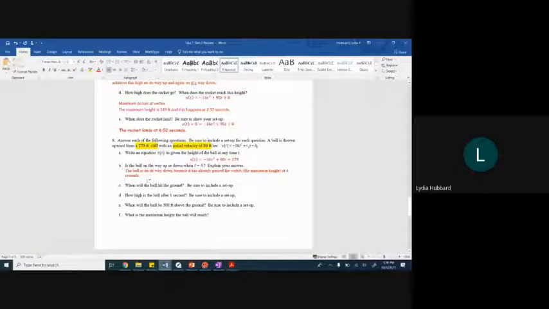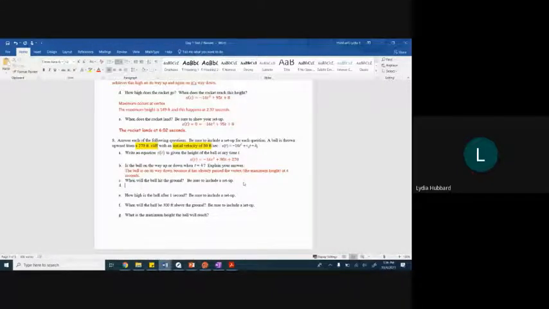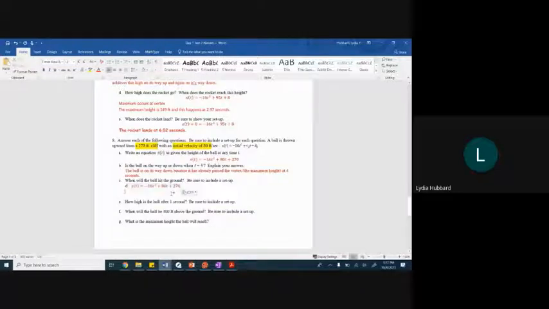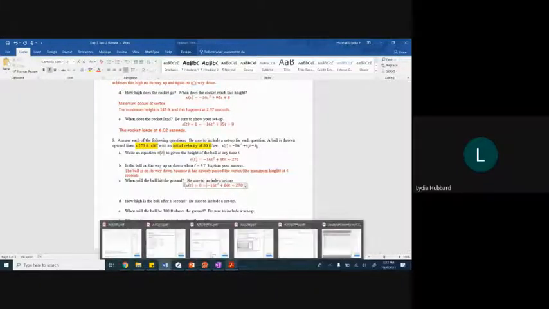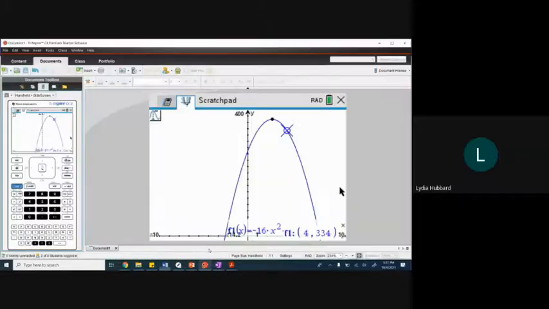Okay, so then it says, when will the ball hit the ground? So again, like in the previous problem, what that means is when will the height be 0? So our setup is going to be using this equation, but instead of s of t, we're going to be setting this equation equal to 0. So we're trying to find the zeros here. So we'll go back to our graph. Again, we're not changing this graph.